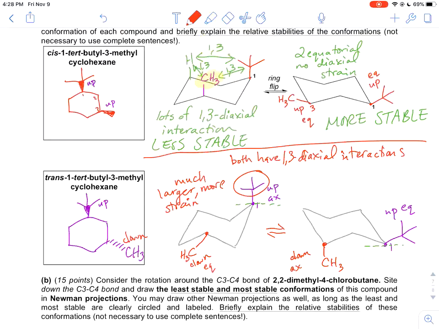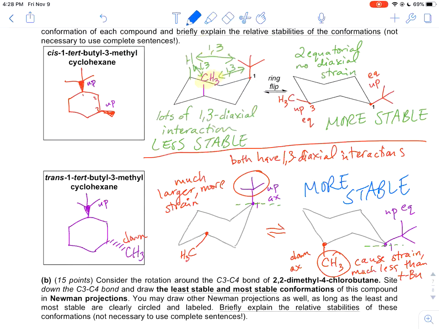And then this one is going to cause strain, but because the methyl group is smaller, it's going to be much less than the tertiary butyl group will cause. So altogether, more stable conformation on the right and less stable conformation on the left.